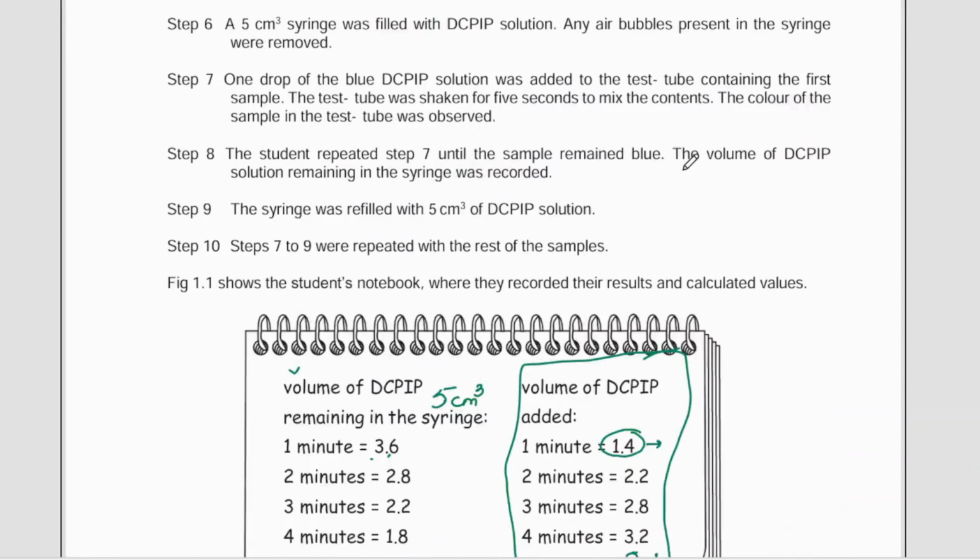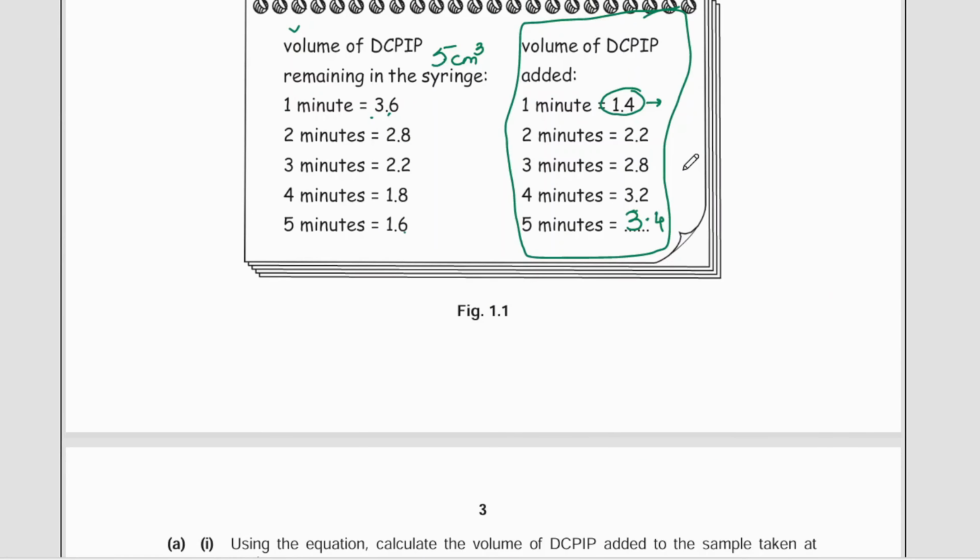Now we are adding DCPIP to check whether vitamin C diffuses into the water from the cube. We have observed that as the cooking continues till 5 minutes, because we have used hot water, it means we are cooking the sample. So if we are giving more time for cooking, more DCPIP is used. It means more vitamin C is present in the solution.